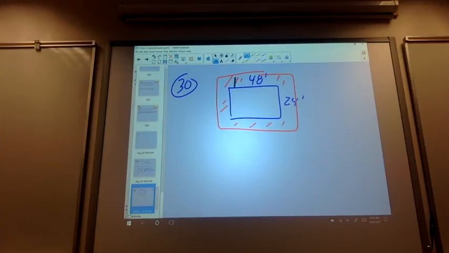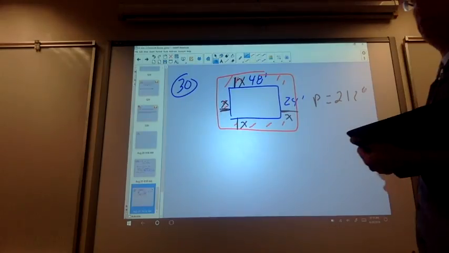So this distance has to be X, this distance has to be X, this distance has to be X, and this has to be X. And then they tell us the perimeter of the fence is 212 feet, and they want to know how to make this work best. Does everyone understand the problem? Gentlemen in back are chatting too much, they're too happy about something.